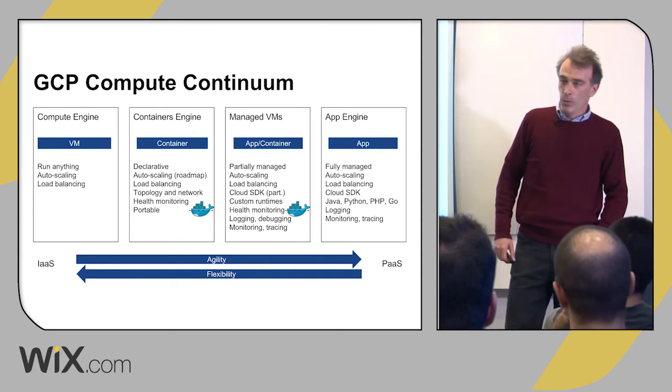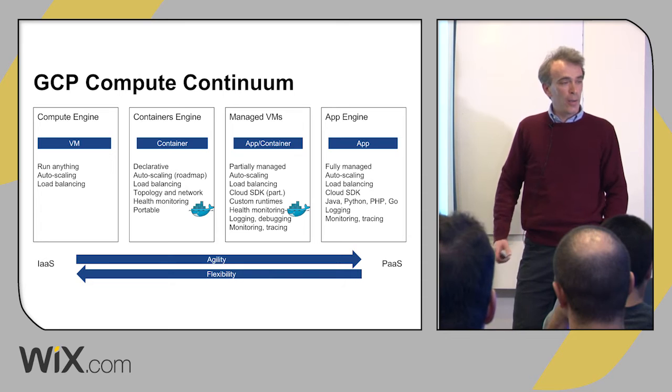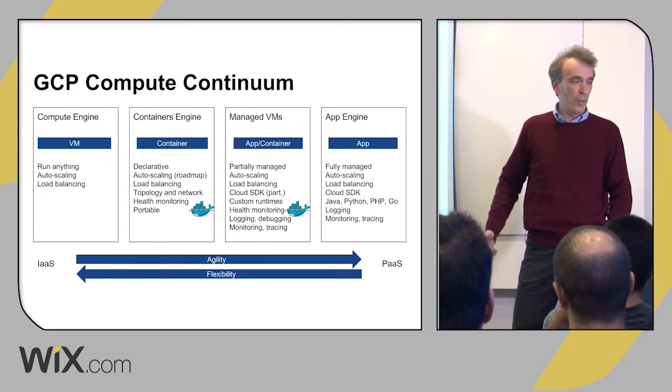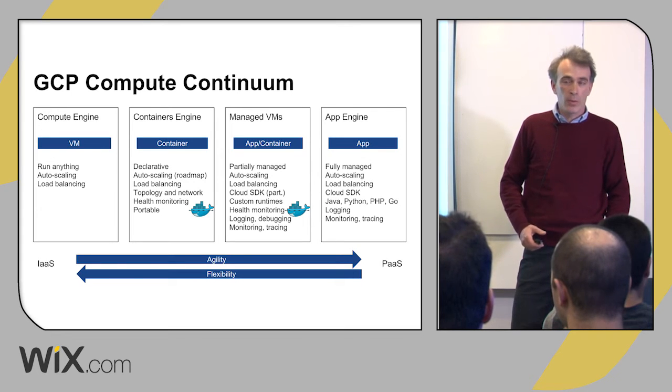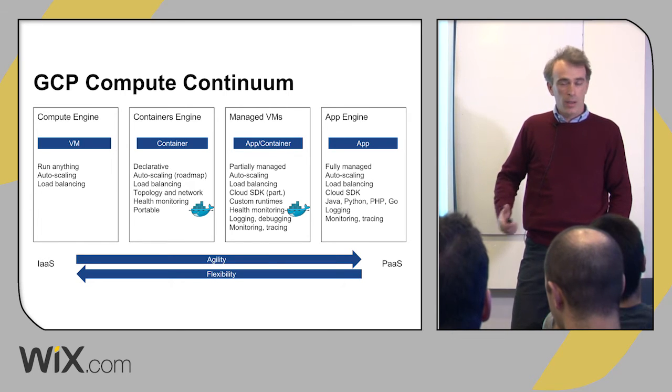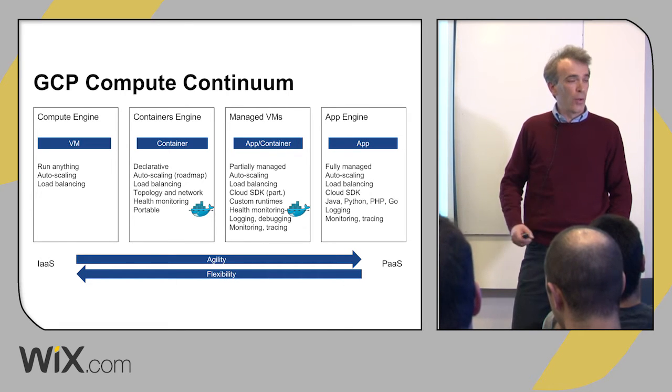We would like to delegate as much of the operational work as possible to the cloud provider. For example, with our on-premise data center, we do not build the electricity station.